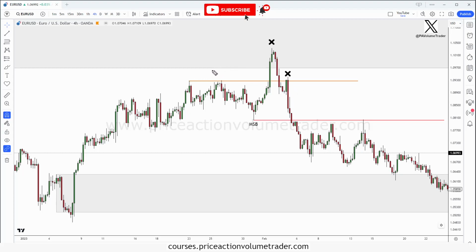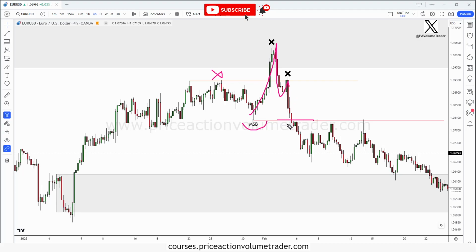So in this case, we have resistance, market breaks above, we fail and get back below this level, and then this was the swing low, or the series of candles that led to this false breakout into the macro resistance.